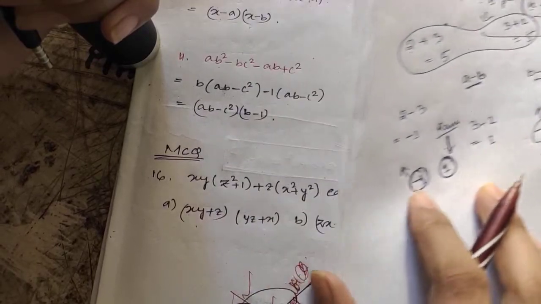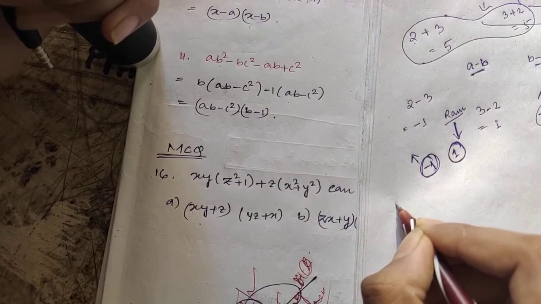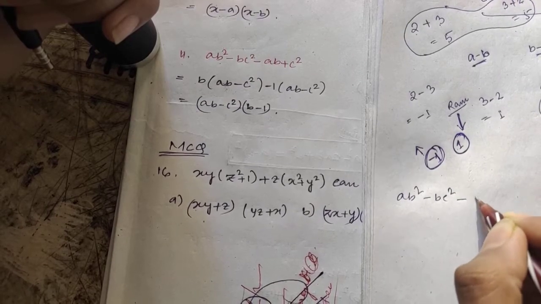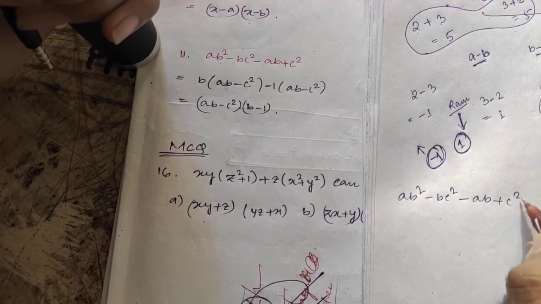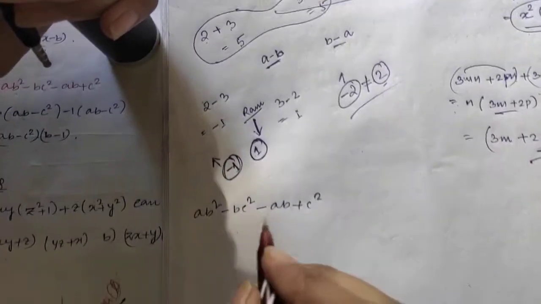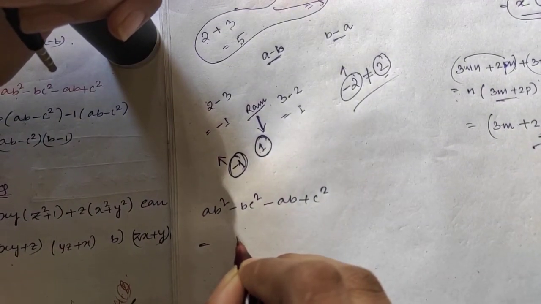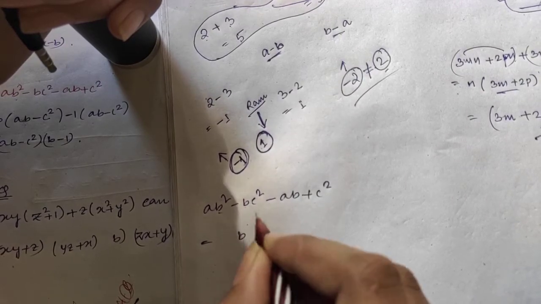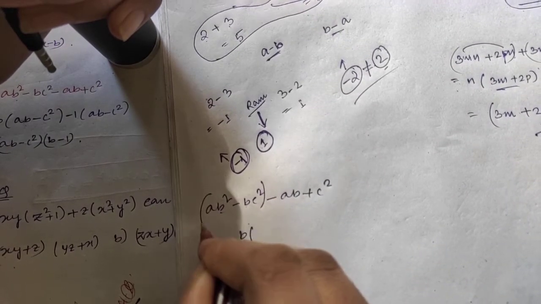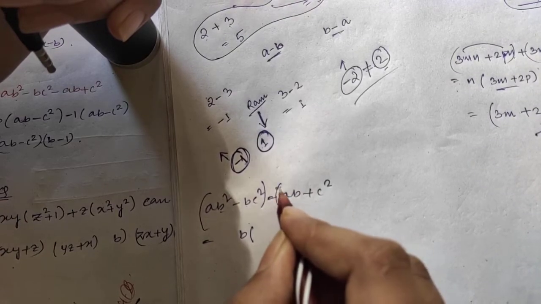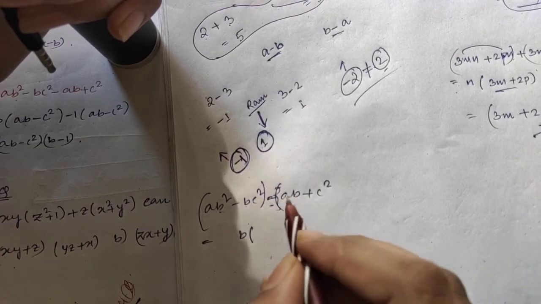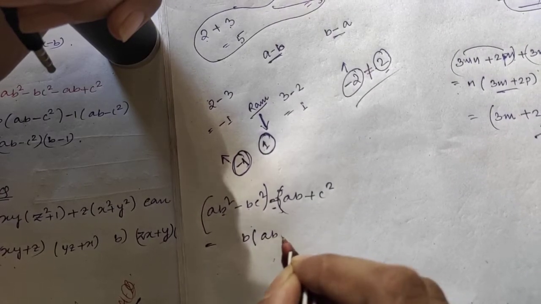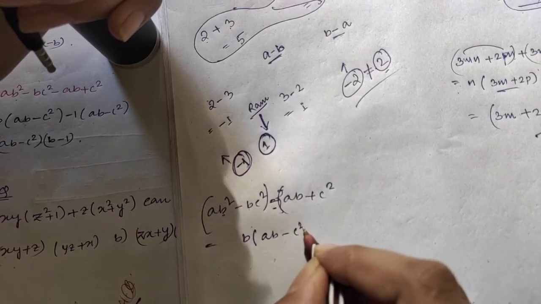Now 11 number, ab square minus bc square minus ab plus c square. Here b I can take common from the first two terms, then ab minus c square will be there.